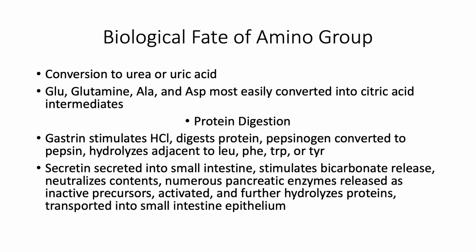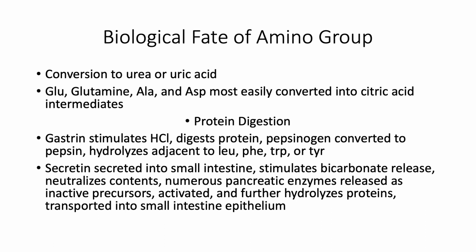In the stomach, gastrin stimulates hydrochloric acid, which digests protein, and pepsinogen is converted to pepsin, and pepsin will hydrolyze the protein adjacent to leucine, phenylalanine, tryptophan, or tyrosine.